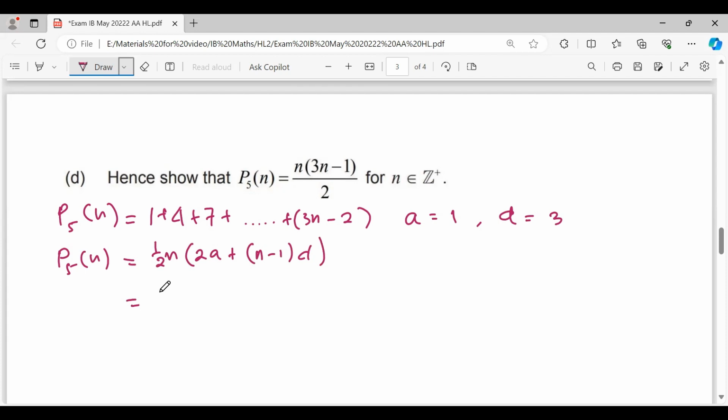So it's going to be half n times 2 plus n minus 1 times 3. This becomes a half n times 2 plus 3n minus 3.